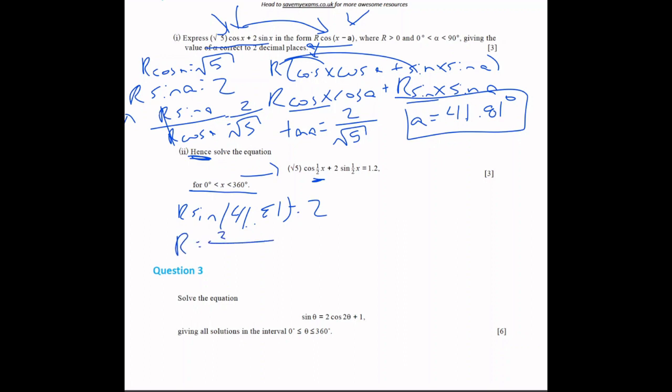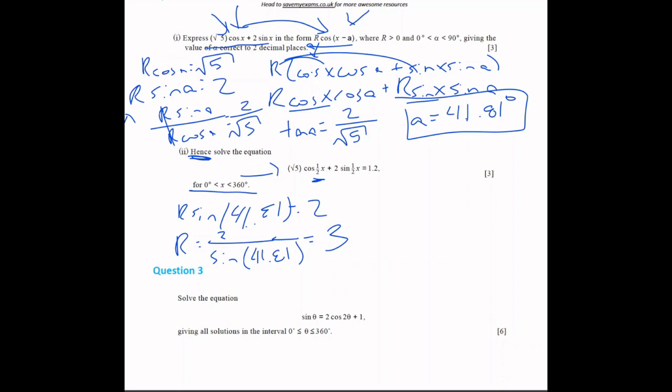R equals 2 over sine 41.81. Those are both numerical values, so I can just divide those in my calculator. That actually gave me 3.0000. That's a really nice number, so r in this case is 3. It's always nice when you get a full number. Makes you feel like you're right.